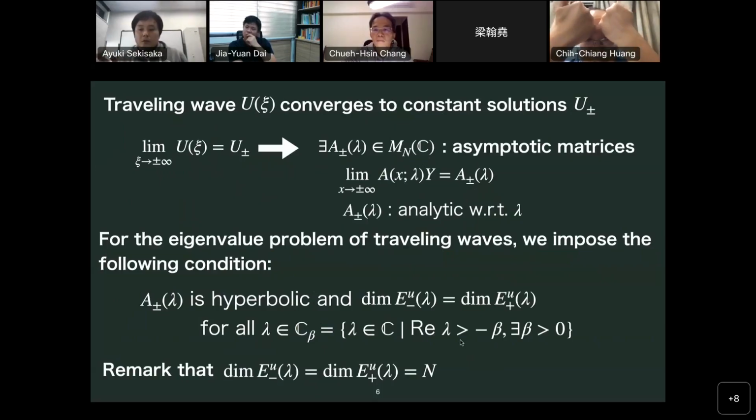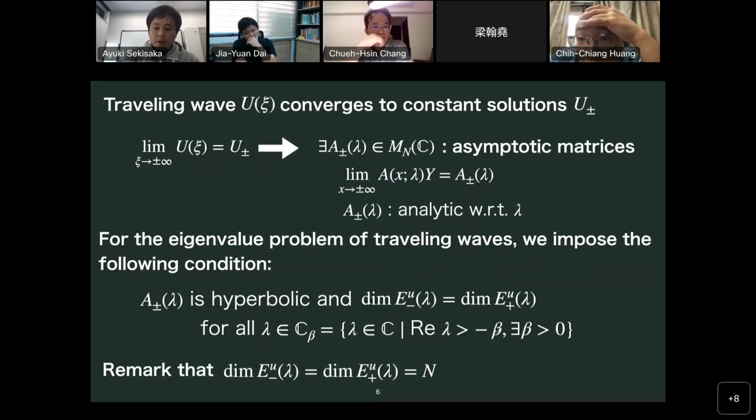Stability or instability depends on whether lambda exists in C beta. We are interested in the stability problem of traveling waves in C beta.